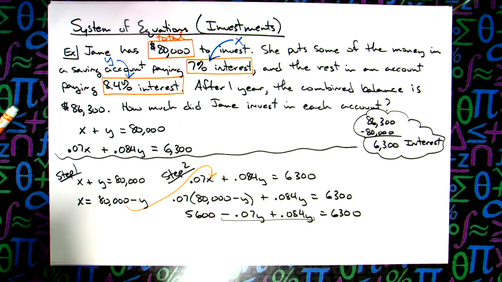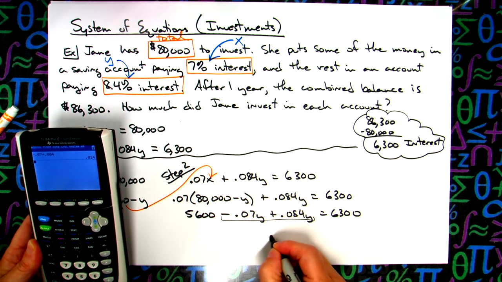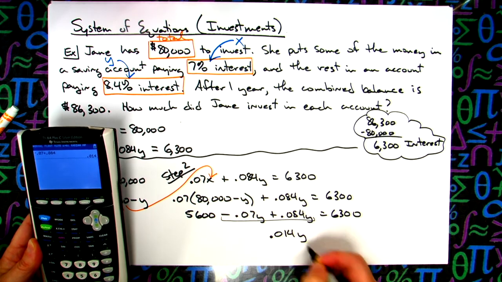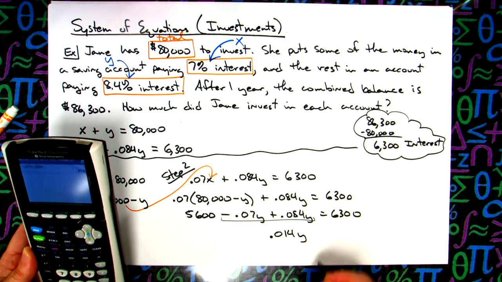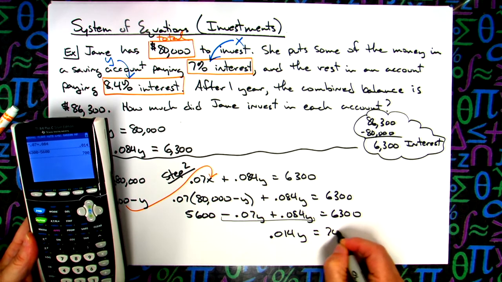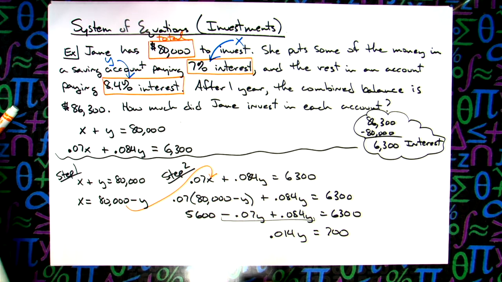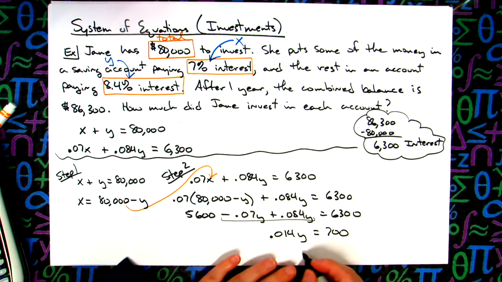I got 0.014y. Are you guys checking me? Then I'm going to subtract 5,600 from both sides, and I get 700. Now I can divide by 0.014. So I get 50,000.